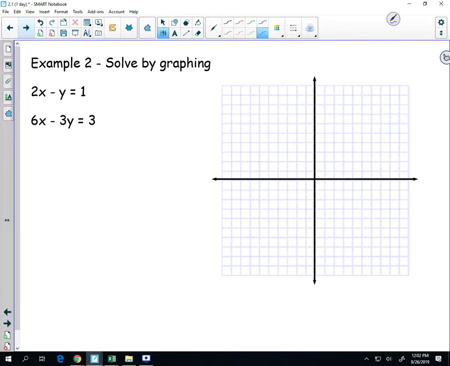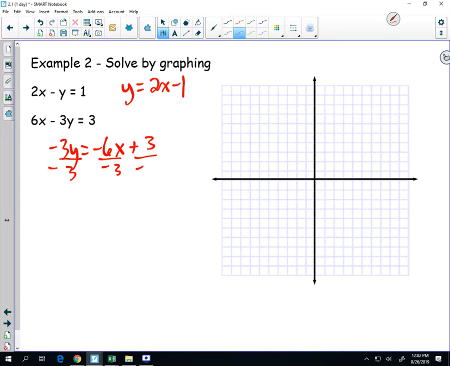What about this one? Notice the top equation is staying the same. This was y equals 2x minus 1, same one as last time. But now on this one, if I subtract 6x over and divide by -3, I get y equals 2x minus 1, which means when I graph that at -1 up 2 over 1, it's the same equation, just written in a different form.